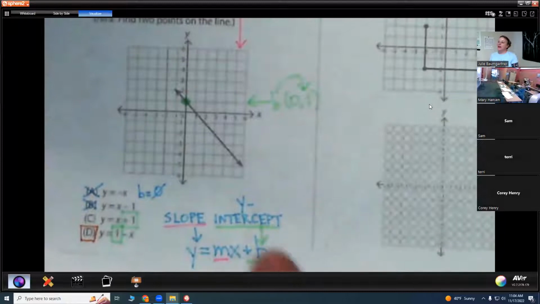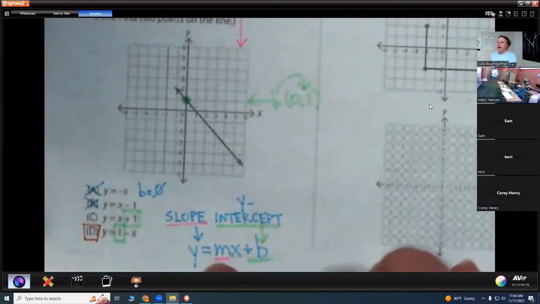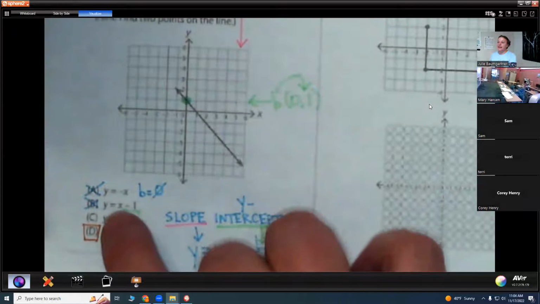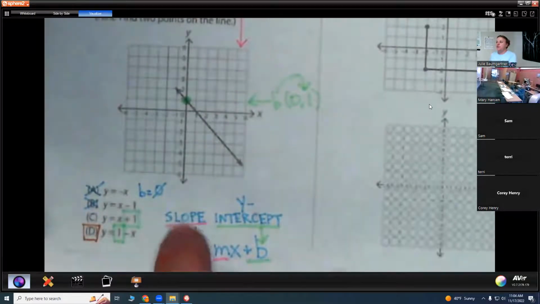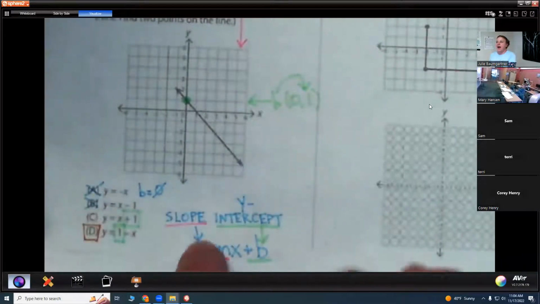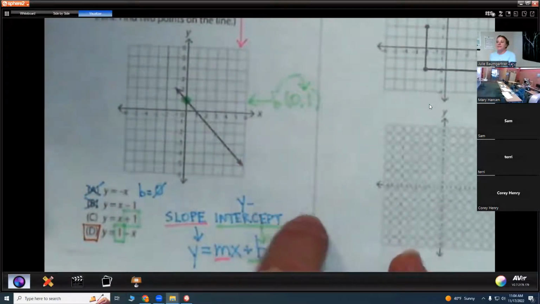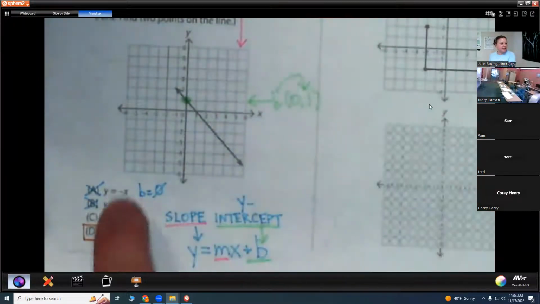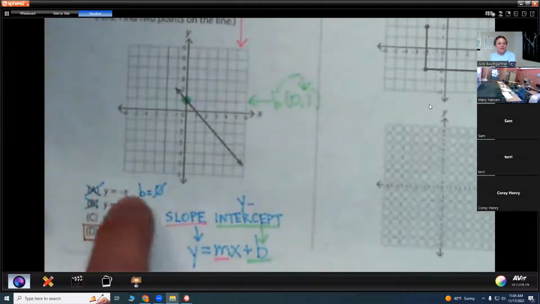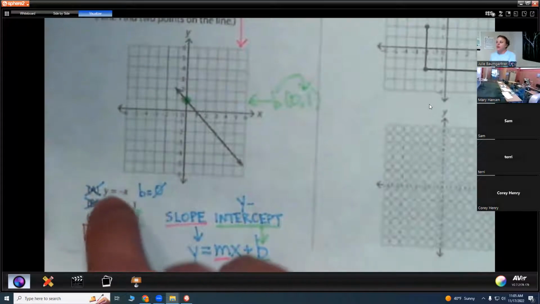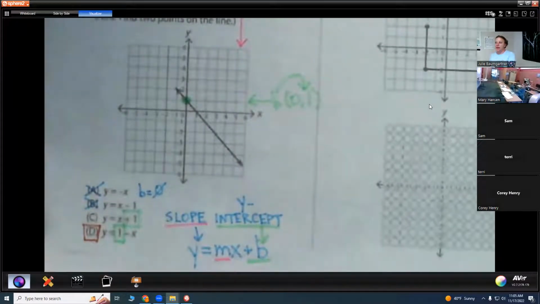M is basically an invisible 1 hanging out next to the X. And of course, we don't need to say 1 times X because 1 times X is X. So once again, if you can recognize that you have a slope-intercept style of linear equation like these 4 choices are, then you begin to look and say, okay, y equals, and then if x is by itself, if it's negative, then m is -1.